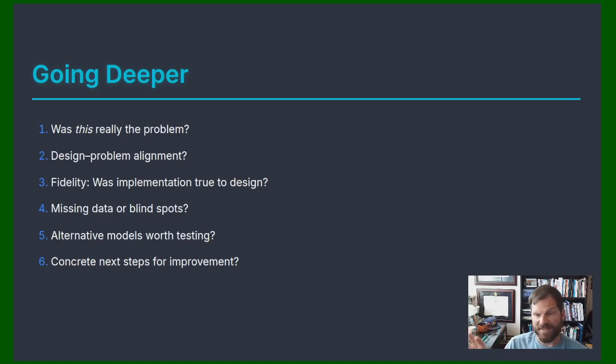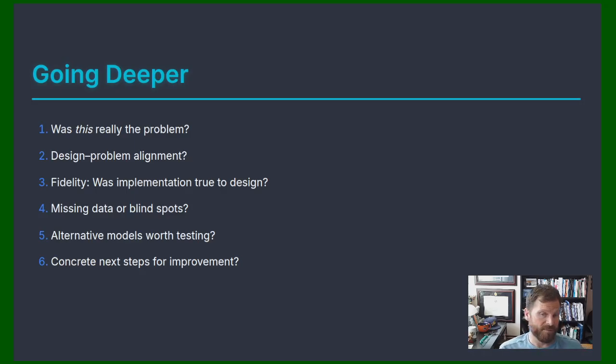Is the policy design aligned to that problem itself? Was the implementation true to the policy design? Was it carried out as intended? Is there missing data? Were there blind spots that we didn't recognize when we were gathering the data to try to evaluate the public policy impact?